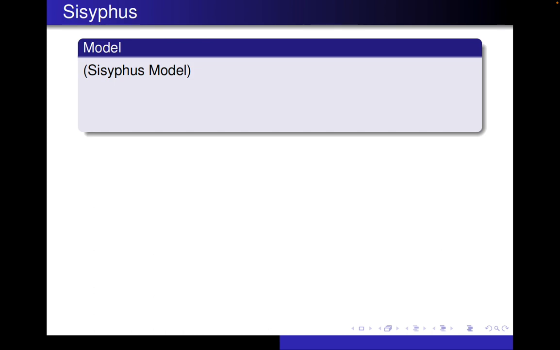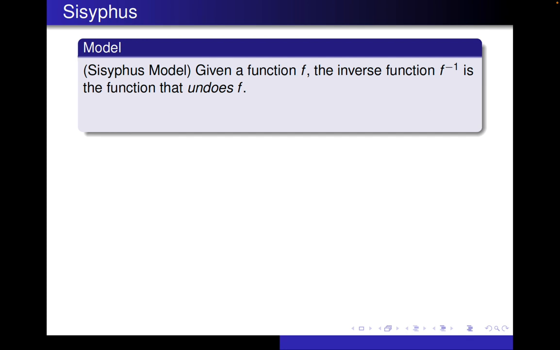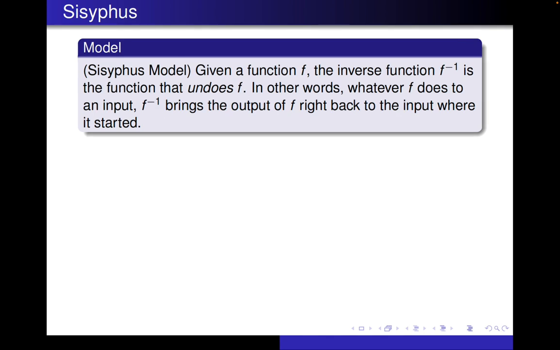All right, so first, the model that I like to use for inverse functions, I call it the Sisyphus model. If you don't know who Sisyphus is, look up some Greek mythology. Anyway, given a function f, the inverse function, f inverse, is the function that undoes f. So, in other words, f works really hard to do something to an input, and then what f inverse does is ruin all of f's work, brings that output right back to the input where it started.